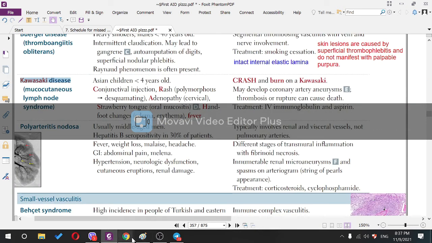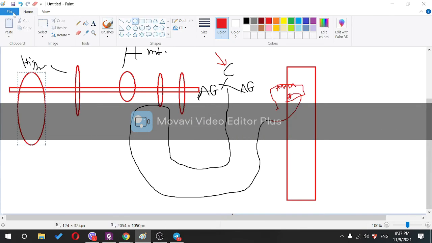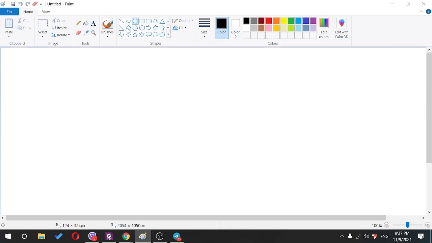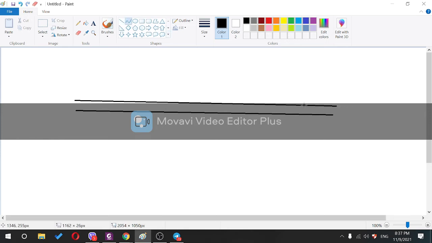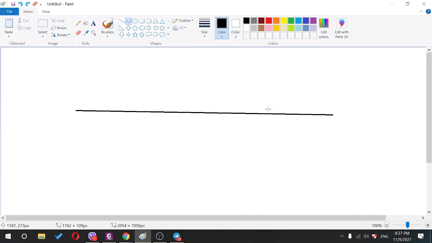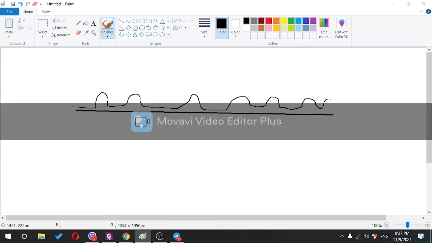Look what happens, guys. If we have a coronary artery like this, and it has various aneurysms inside of it, so there is some dilatation here and there, here and there.